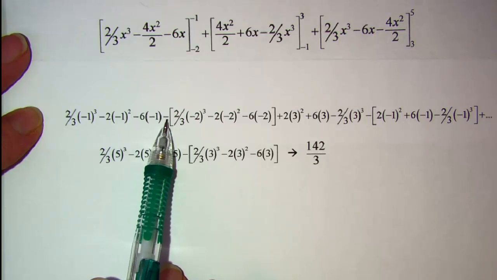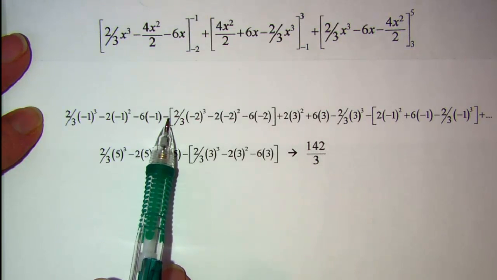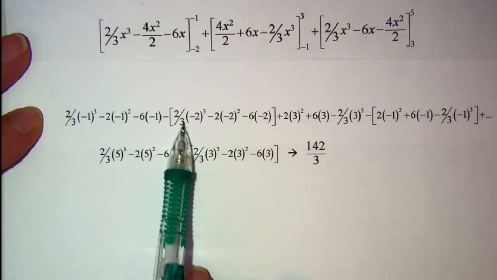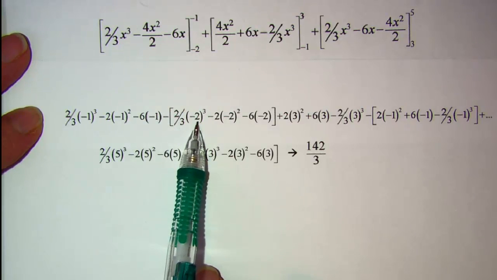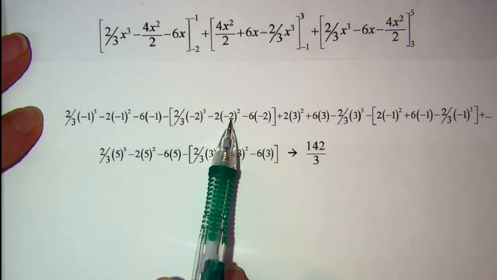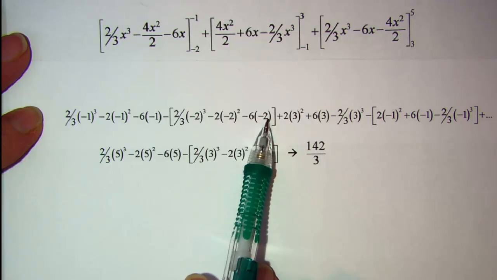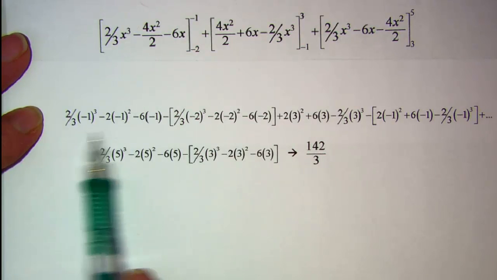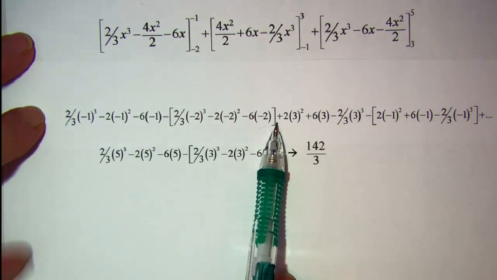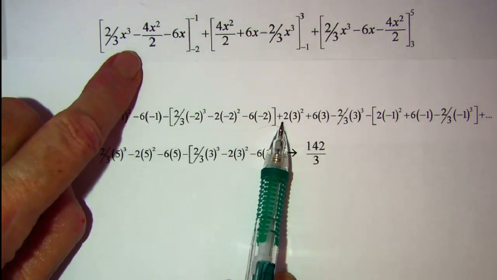And then subtract from that the same expression, only with negative 2 substituted in. So we have 2/3 times negative 2 cubed minus 2 times negative 2 squared minus 6 times negative 2. So this first part right up to this point represents this first expression.